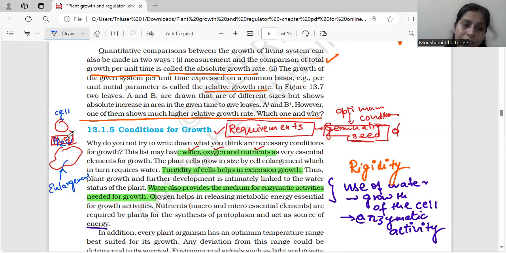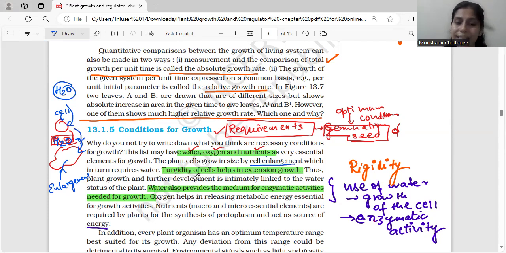This is very, very important. Once the water enters, the cell is going to enlarge. All right. So plant cells grow in size by cell enlargement. This is very, very important, which in turn requires water. So water is an essential element for the cell to transform into an enlarged cell.